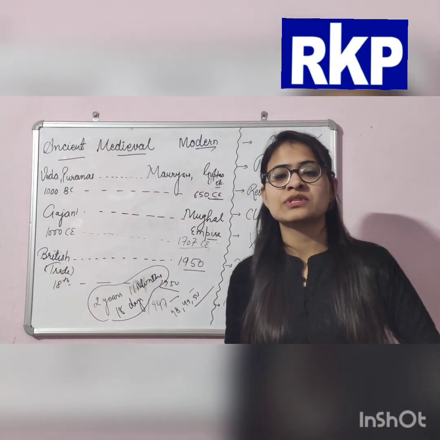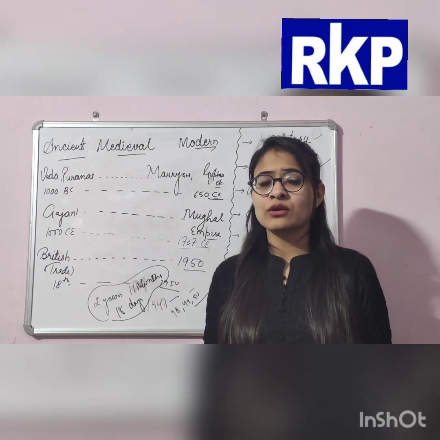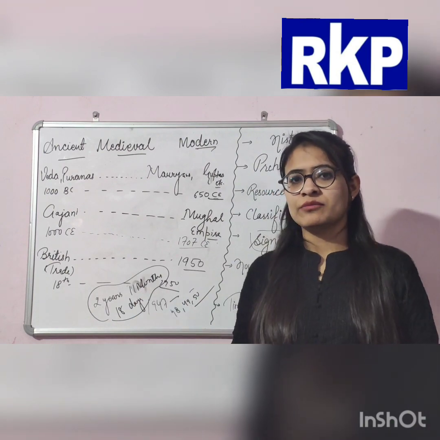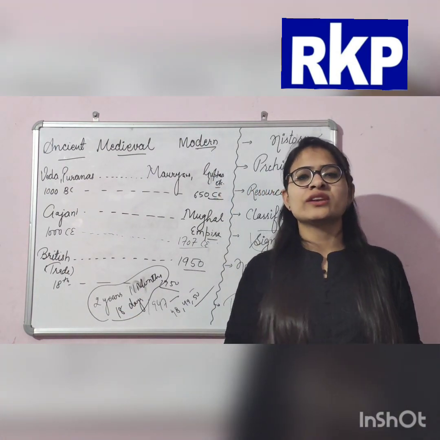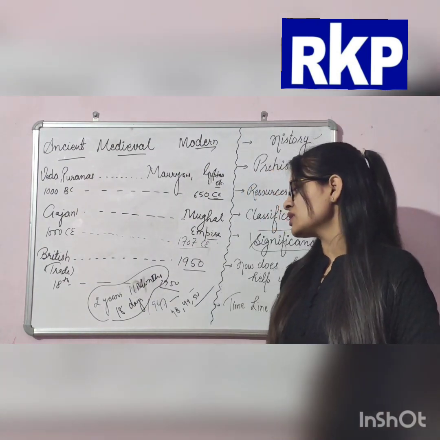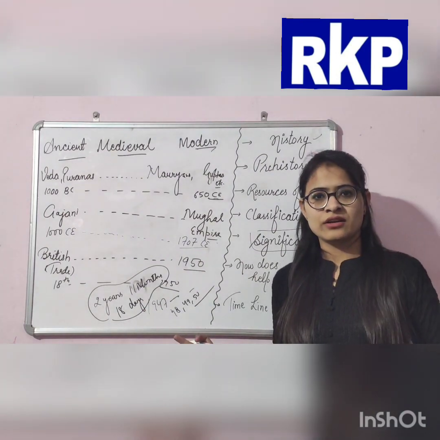But sometimes we can be asked about the exact time taken by the constitution. So this exact timing was 2 years, 11 months and 18 days. In this much time our constitution was ready.